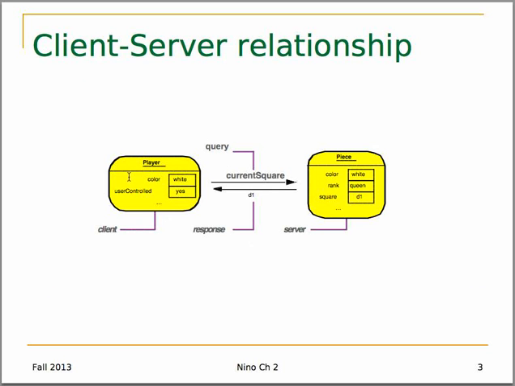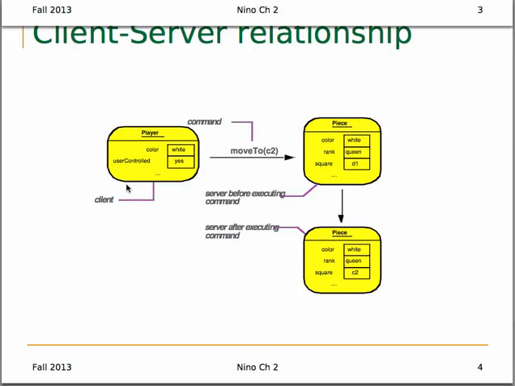So this client player class calls the method called current square in the server, which is the piece class or piece object, and then the current square method in the piece object returns a value d1 to the client. So pretty simple. It's not supposed to be that complicated.